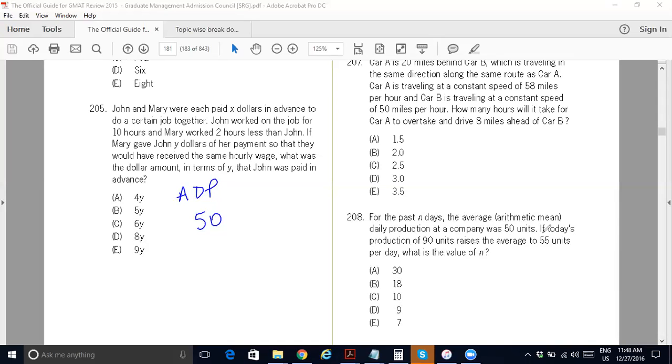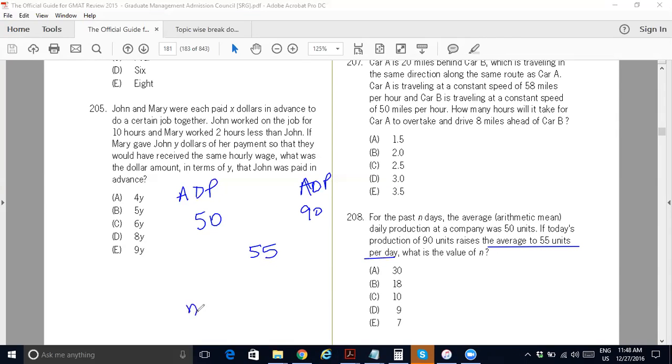Yeah, ADP. If today's production is 90 units, that means this is also 1 day production, average daily production for 1 day only. Second value of ADP is 90. This says average to 55 units per day, so it is also the average daily production.